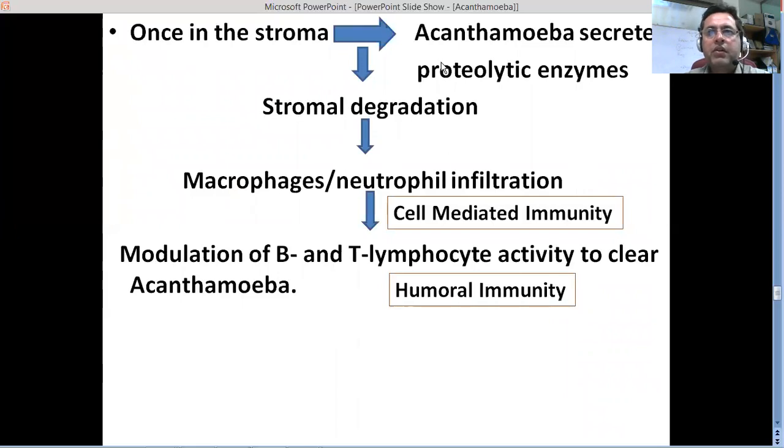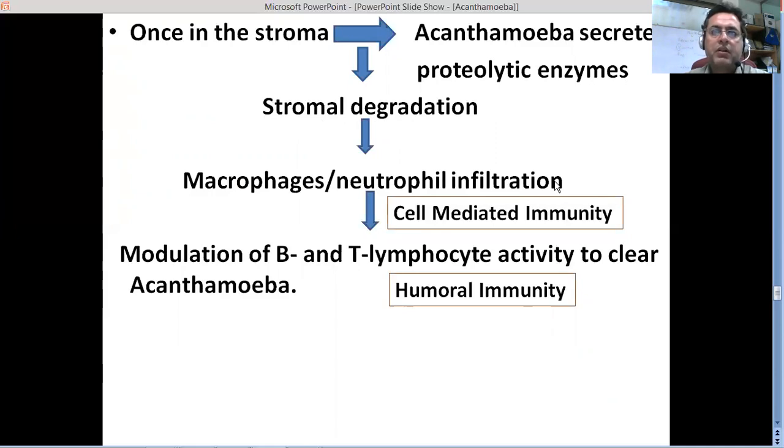So once in the stroma, Acanthamoeba secrete proteolytic enzymes. We discussed this, and this would bring about stromal degradation, and it will lead to infiltration of macrophages. Macrophages would secrete cytokines, which would attract neutrophils, neutrophil infiltration.